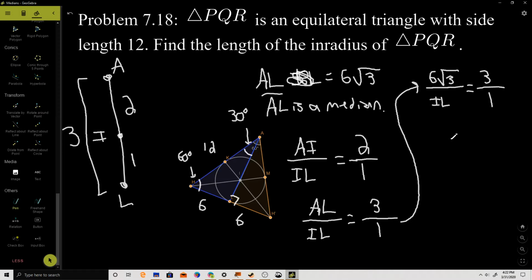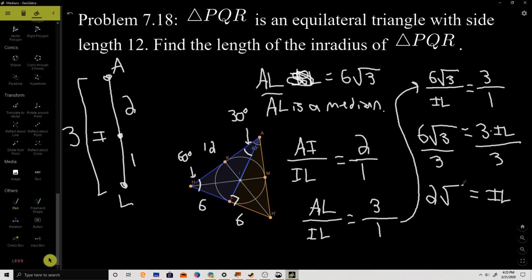Now if I multiply IL on both sides, I get that 6√3 is equal to 3 times IL. Dividing by 3 on both sides will finally get me that IL is equivalent to 6 divided by 3, which is 2, times the square root of 3. 2√3, and that is our answer.